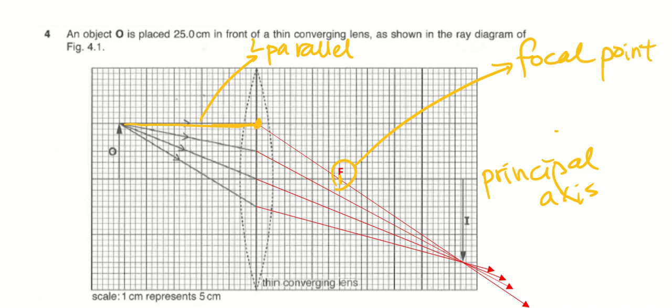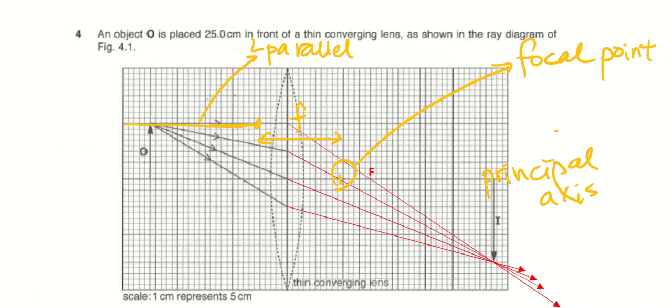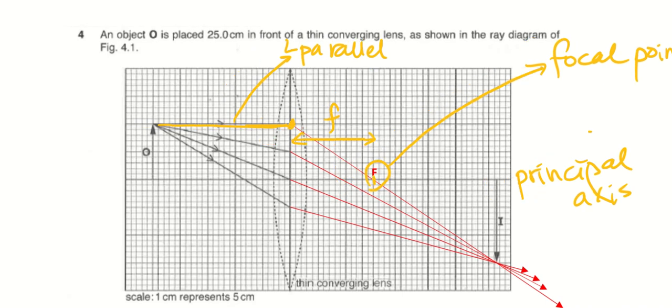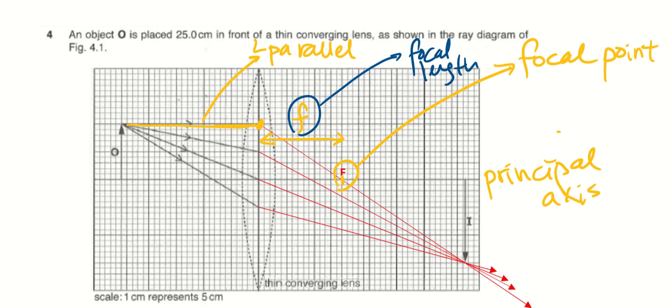By the way, from the lens to your capital letter F, this is what we call the focal length. So this is your focal length. You can measure. Now you see, the object is placed 25 cm away.